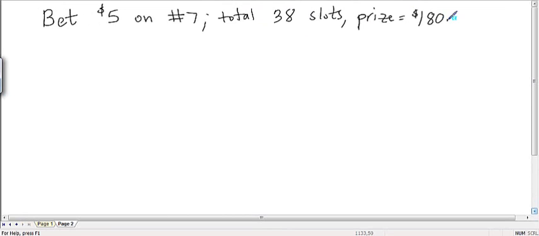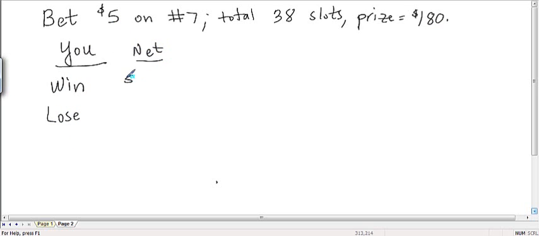So let's make a probability distribution for you. Now there are two options: either you win, or you lose. If you win, you get $180, but you bet $5 to play the game, so your net is going to be $175.